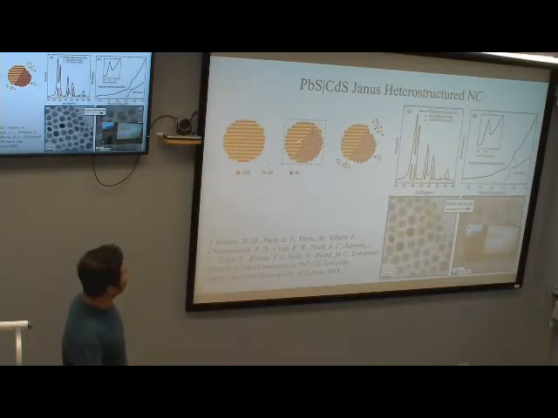The shape of this structure is like one side is one type of material and the other side is another type of material. So they started with cadmium selenide sulfide materials, and then by cation exchange, they are able to synthesize this architecture. One side is lead sulfide and the other is cadmium sulfide.